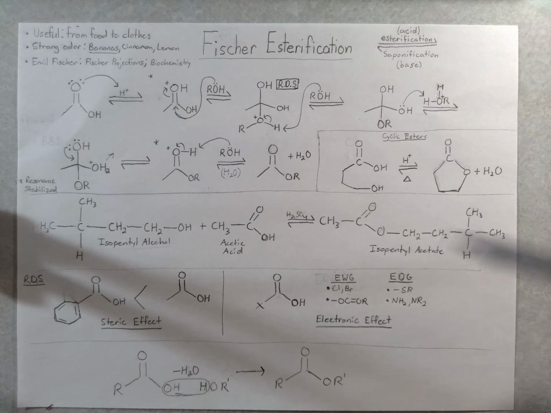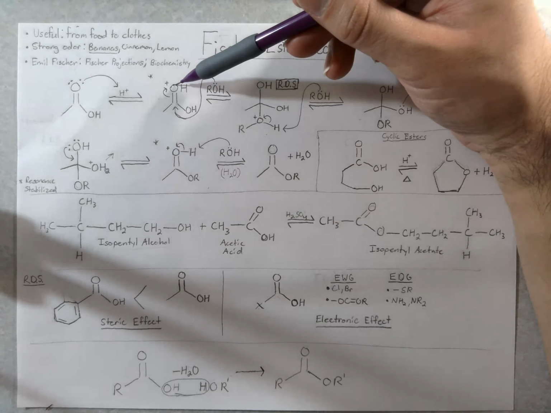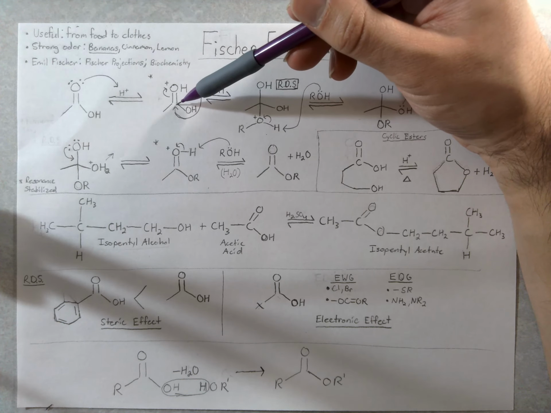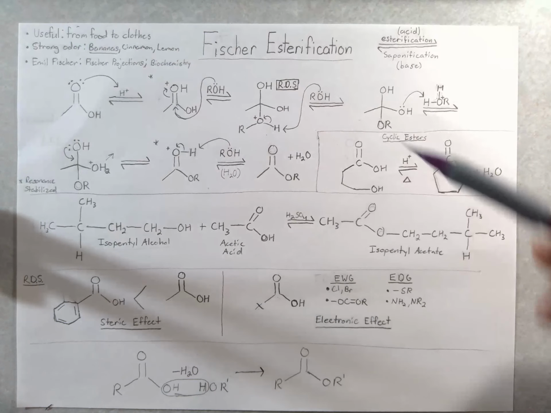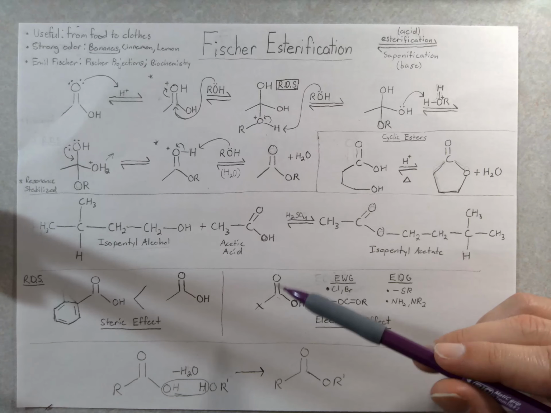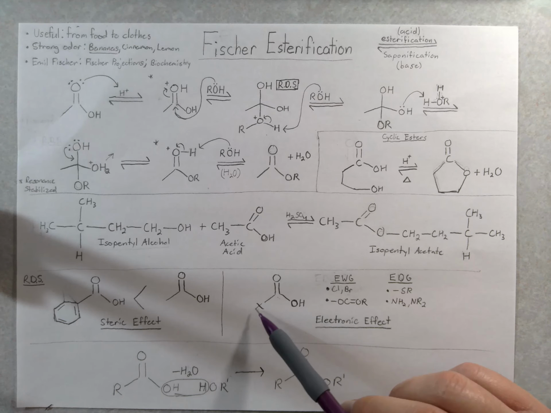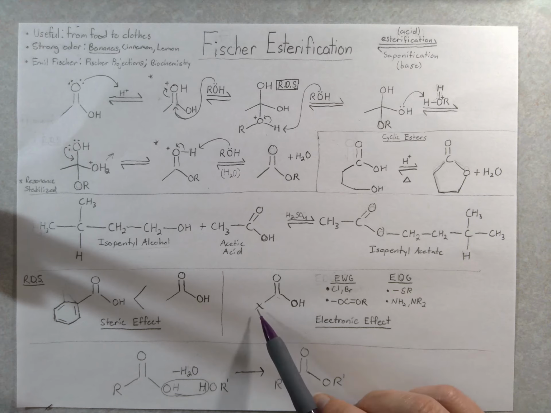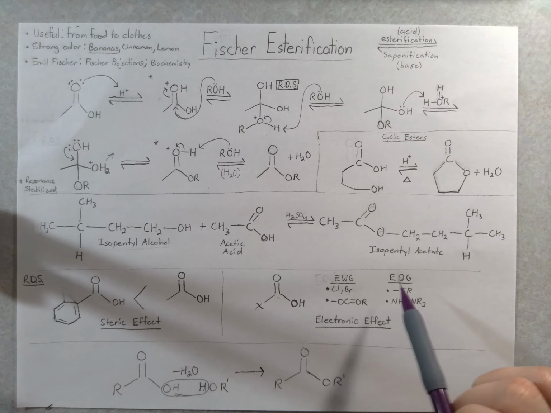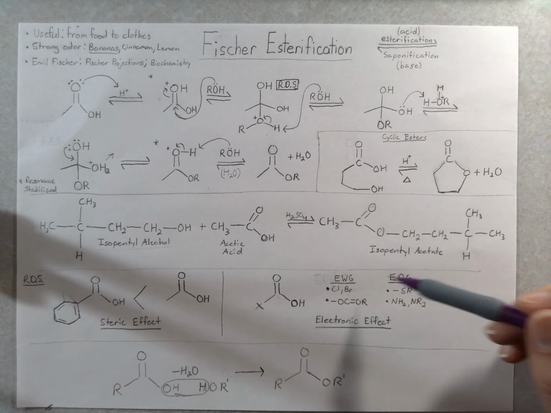As well, just as this oxygen here having a positive charge affected the electrophilicity of this carbonyl carbon, the same can be said for the substituent. So the substituent can either be electron donating or electron withdrawing, rather strong or weak in either direction.